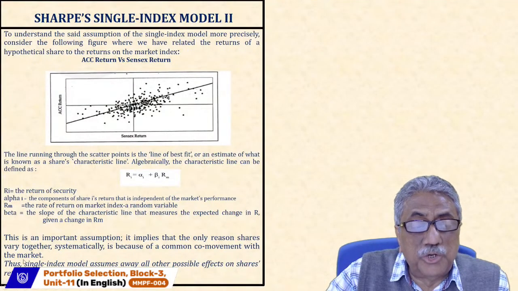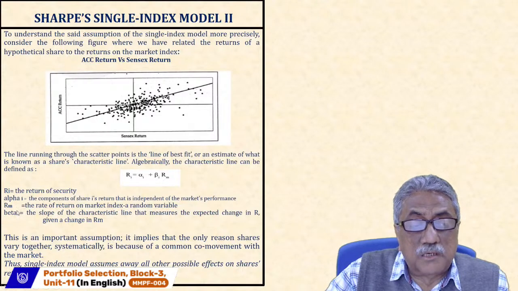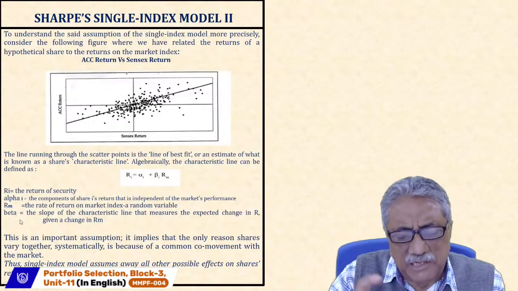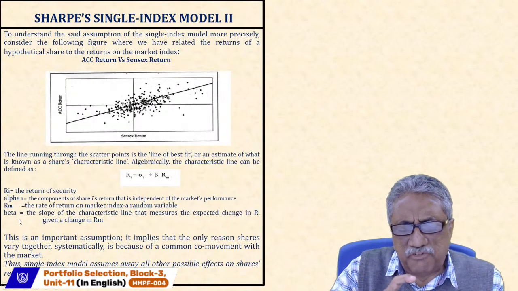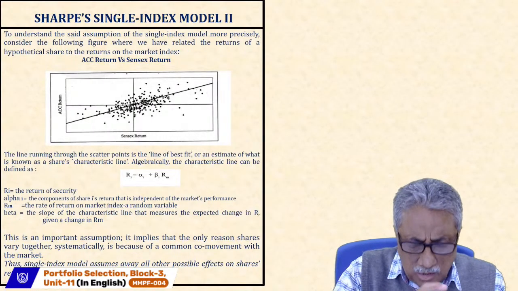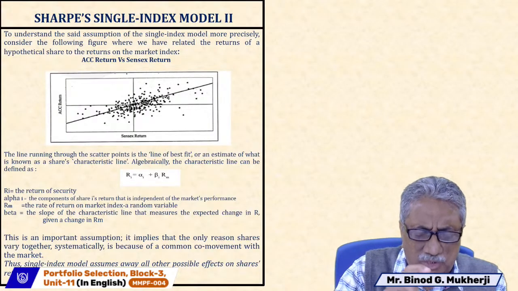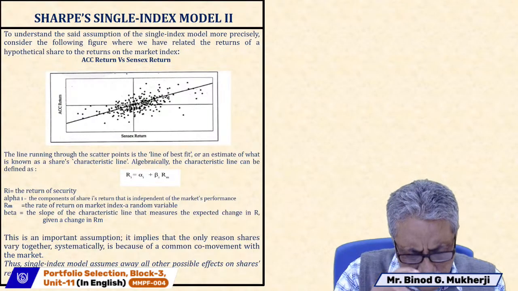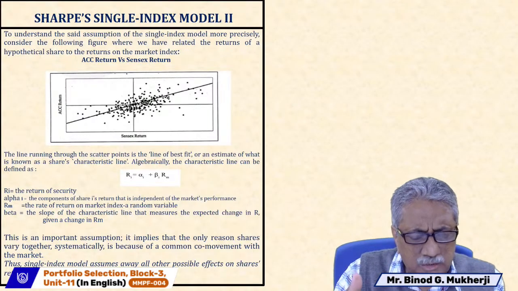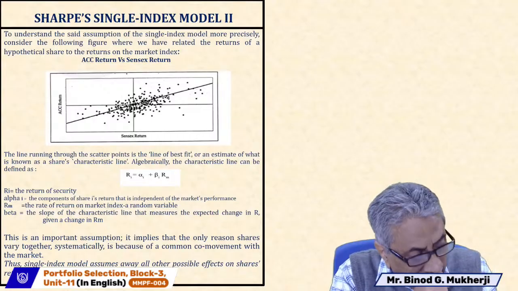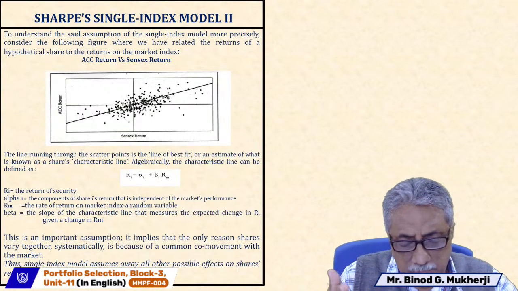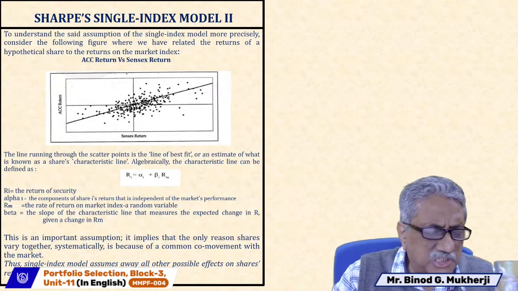So beta we actually calculate with 5 years or 3 years of past daily performance. If Nifty or Sensex has moved, how much has ACC moved? It can move more than Sensex, less than Sensex but positive, or it can be negative, which means not in the direction in which Sensex has moved.